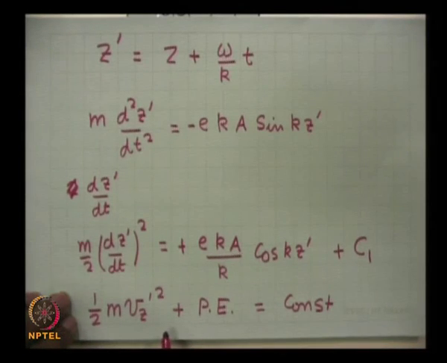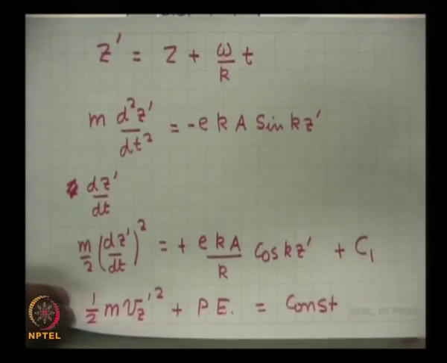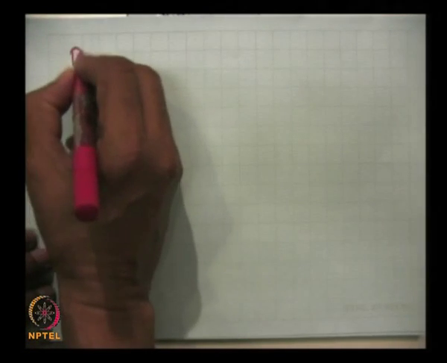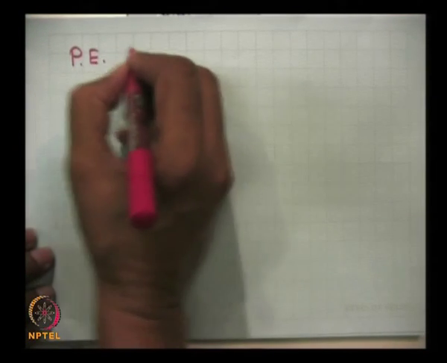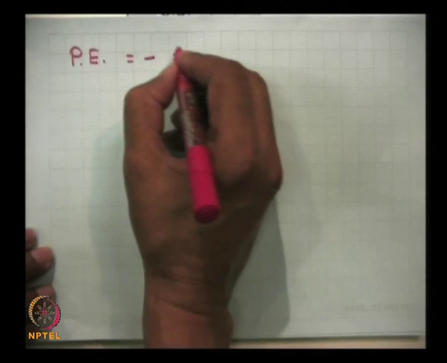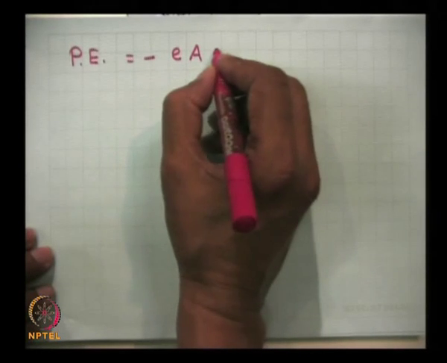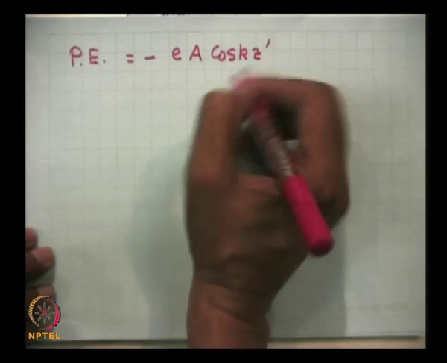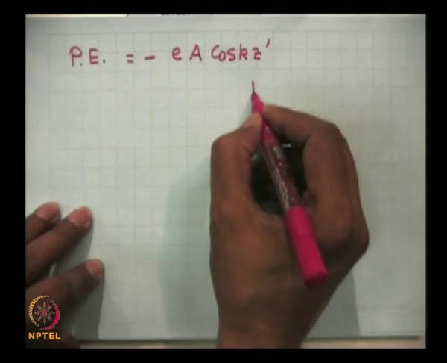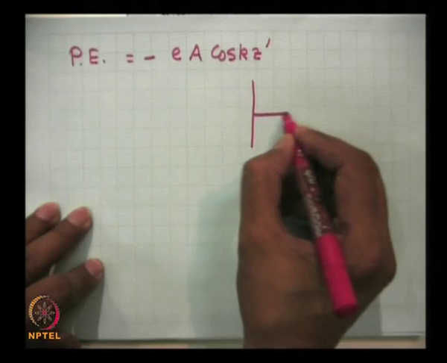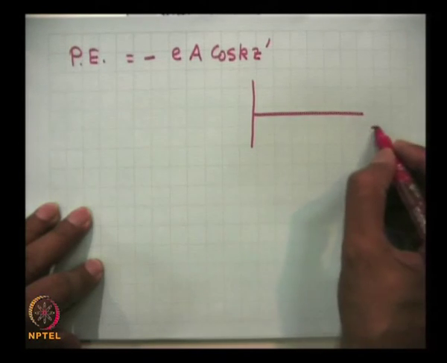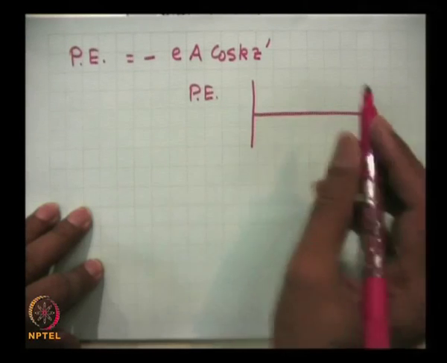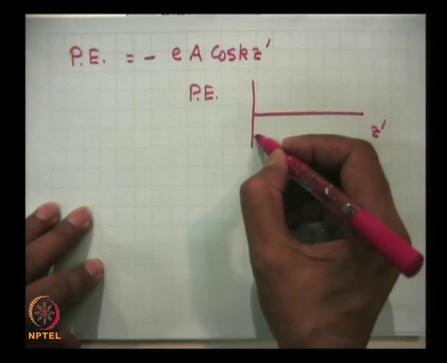Which means that if I plot potential energy, let me write down potential energy. Potential energy is minus E A cos kz prime, and if I plot this quantity as a function of z prime, then this quantity will be like this.